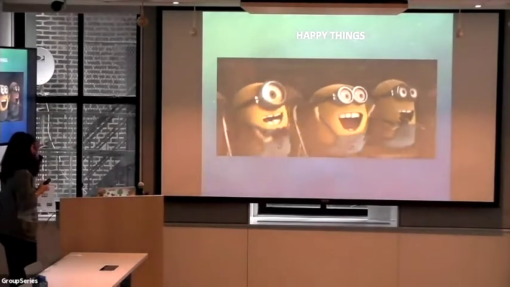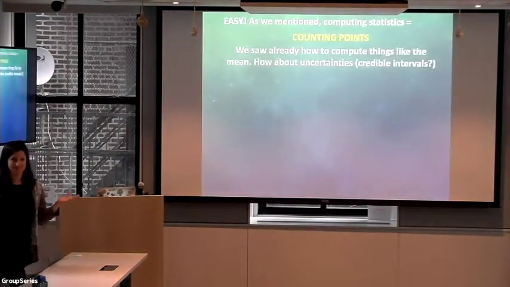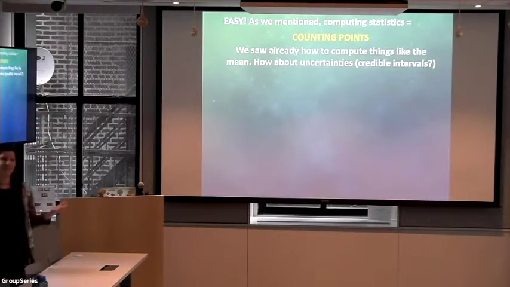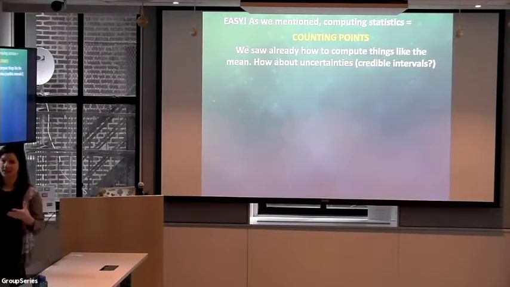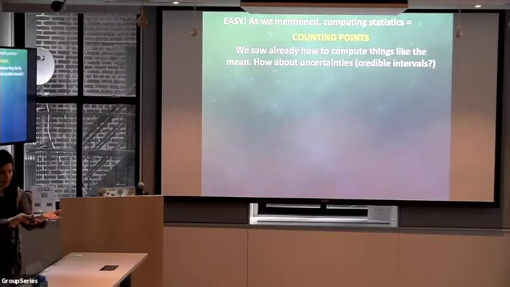So what's good about MCMC? Well, I think I have two things. One is that it's easy. So we already mentioned that basically all you have to do to do statistics is to count points. And so we've seen what happens when you're just calculating the mean value or expectation value of a point. But typically what you're interested in is quoting some sort of measurement. You can check, typically you won't have the mode, but you can have the mean, you can have the median, we can talk about it.